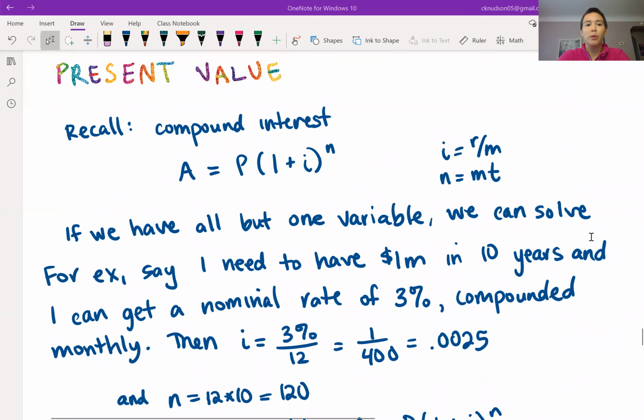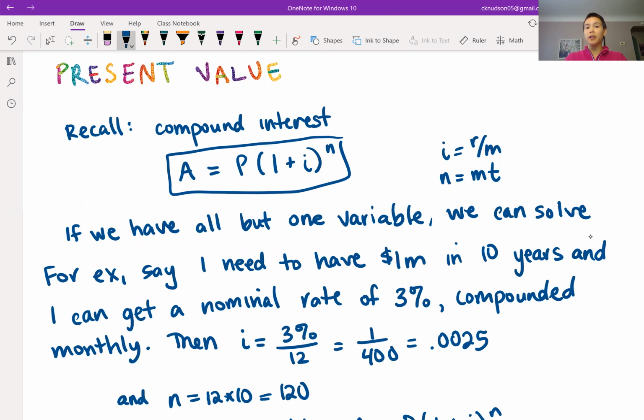Okay, so remember our equations from before. If we have compound interest with rate R, and we're investing it for T years and compounding it M times per year, then we can calculate the amount that we are going to end up with as A equals P times (1 plus I) to the N, where N is the number of times it's compounded and I is R over M. Okay, so that's our formula here.